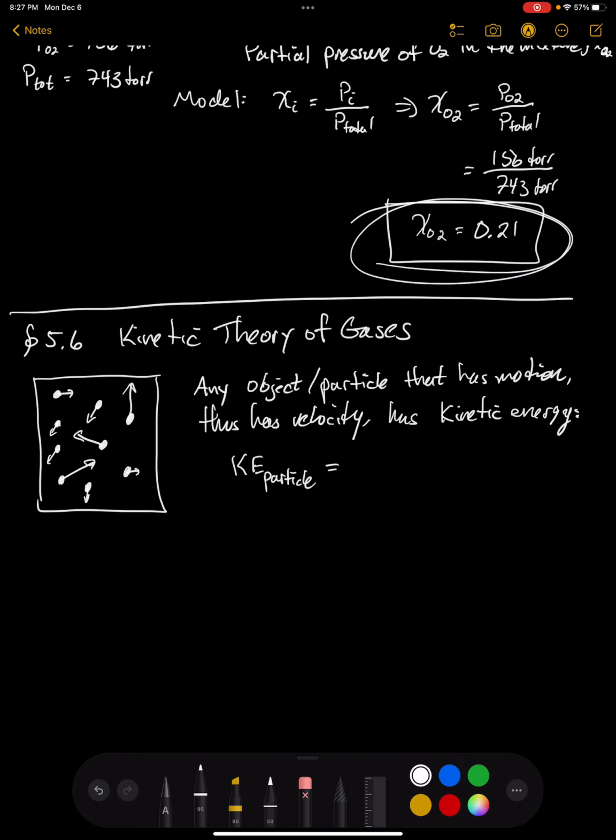So to write this for a specific particle, we would write that the kinetic energy is equal to 1/2 times the mass times the velocity of the particle squared. And I'm using u here to indicate velocity so that it doesn't get confused with V for volume. And m, of course, is mass. KE is obviously kinetic energy.